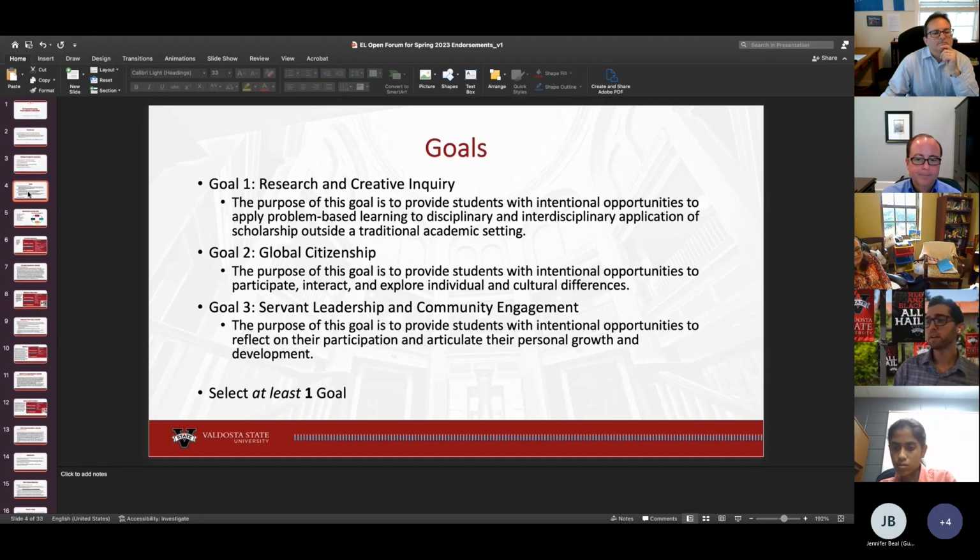With each one of these endorsed activities, we want to make sure that it meets at least one of the 3 goals associated with our QEP. Goal number 1 is focused on undergraduate research and creative inquiry. Goal number 2 is global citizenship, which is not just study abroad. A lot of times we've been focusing on how you can speak about global things even in the local context.